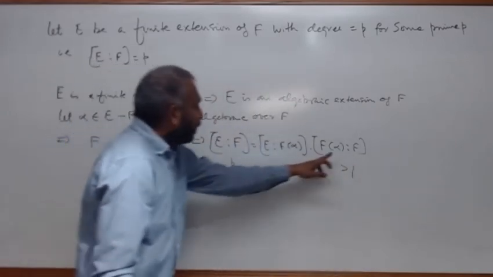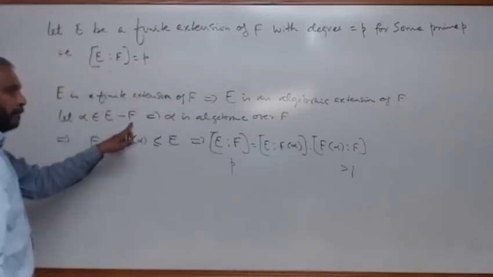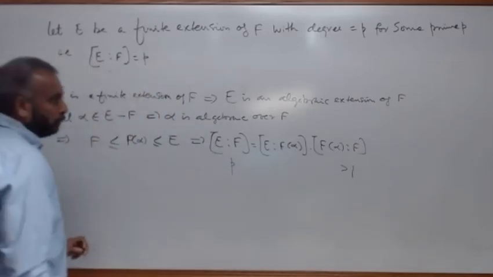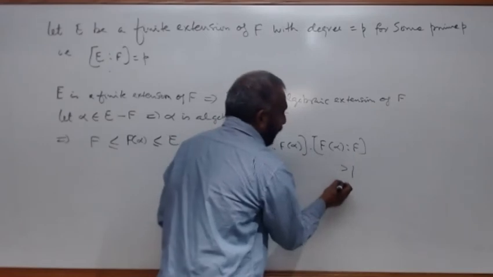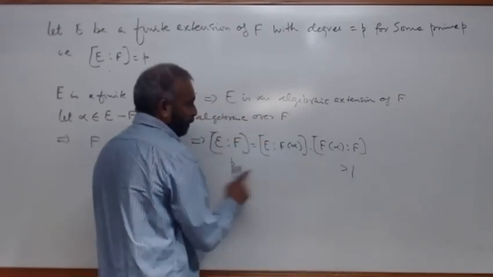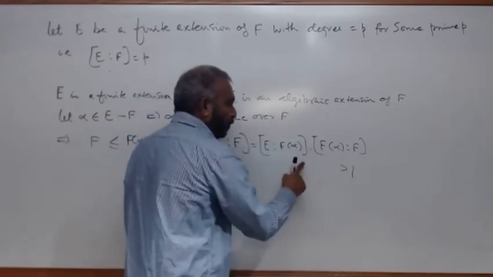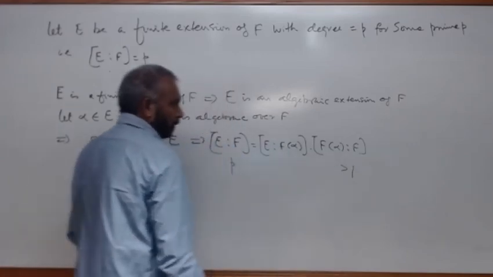Why? Because alpha does not belong to F, it's outside F. So this has to be p because it's a prime number. It's a product of two numbers of which one of them is greater than 1.